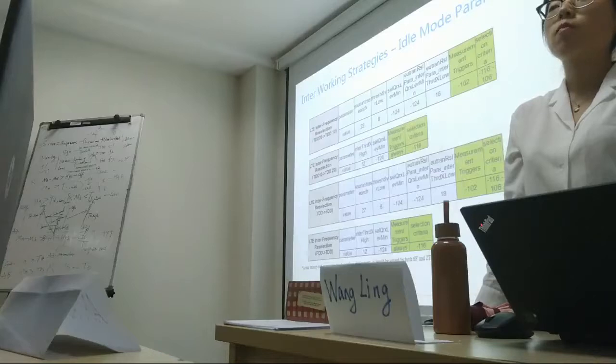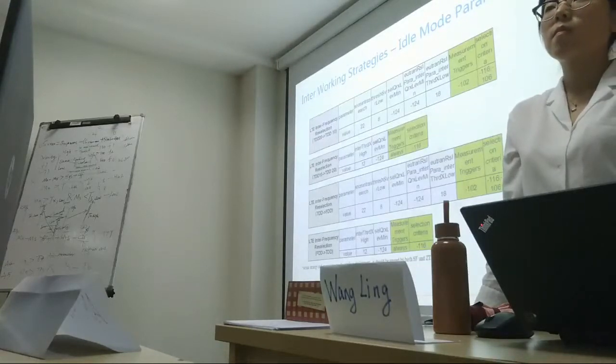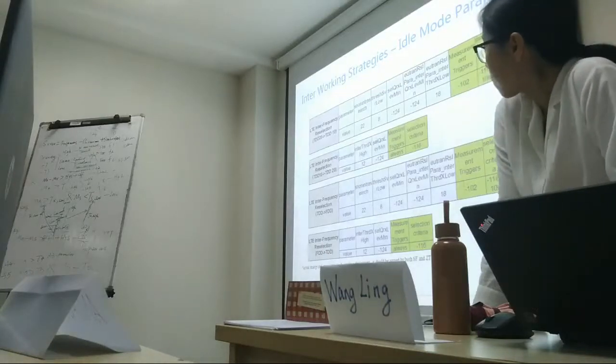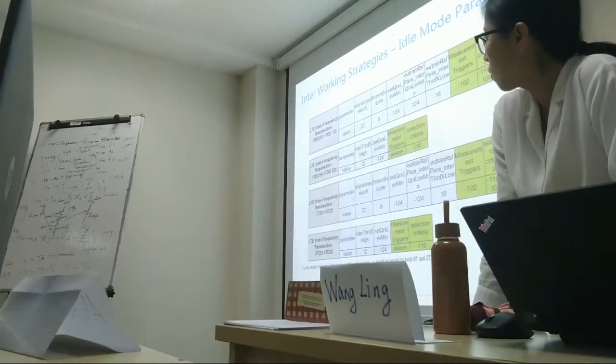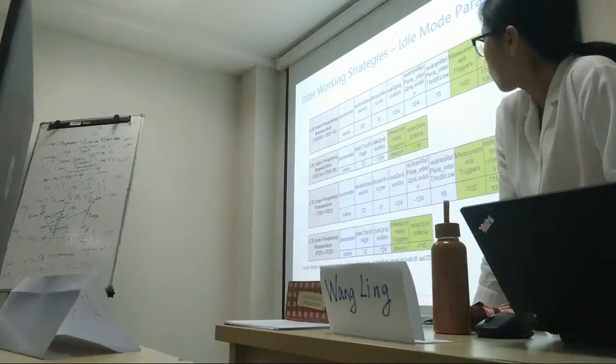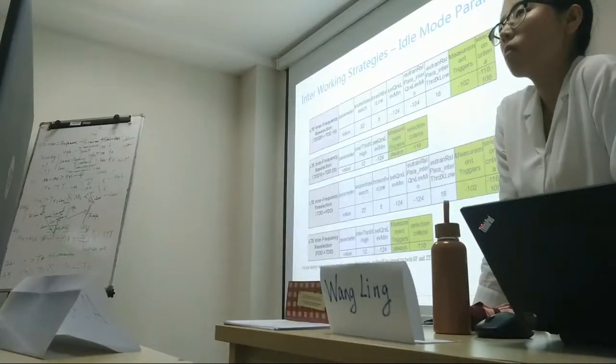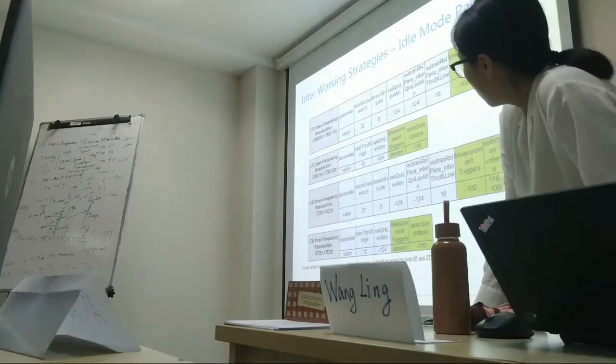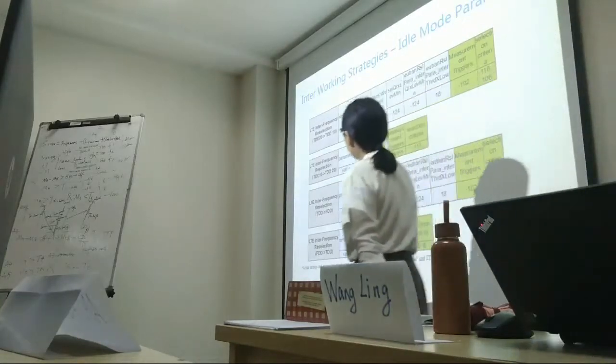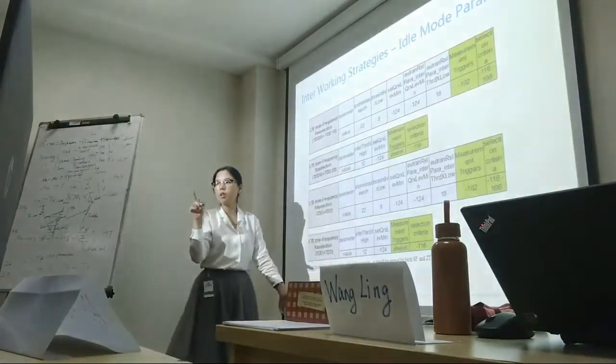The parameter setting of the measurement trigger and selection criteria for the TDD 20 should be higher than TDD 10 or the FDD. Am I correct? Because right now on your table it seems like they are equal, right?